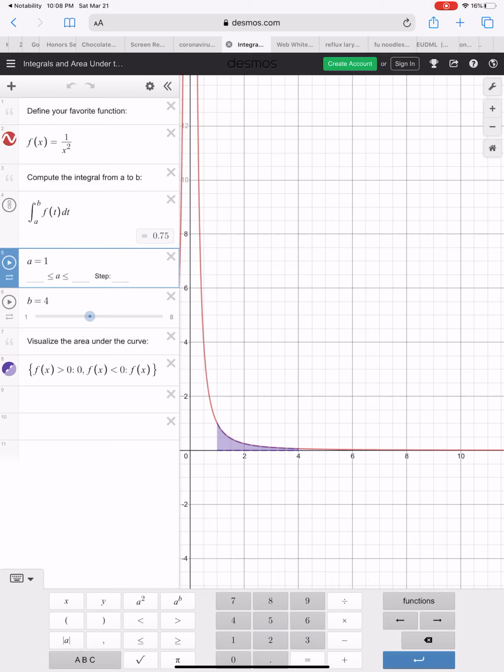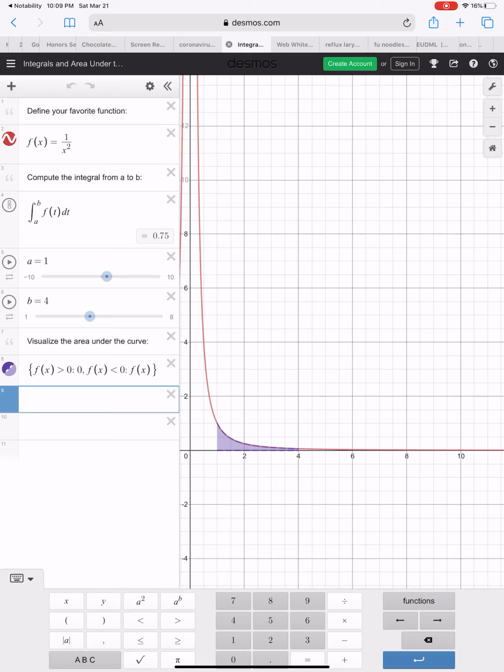So a is defined down here in box 5 as 1, b is defined as 4 in box 1, and then this last box down here, number 8, is just the code for shading in the purple area of the definite integral. So the first definite integral that we're evaluating is from 1 to 4.